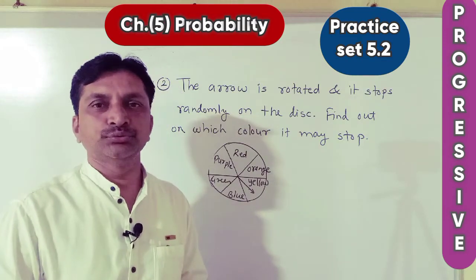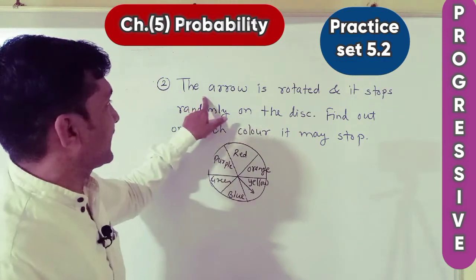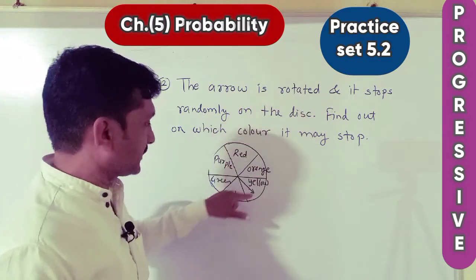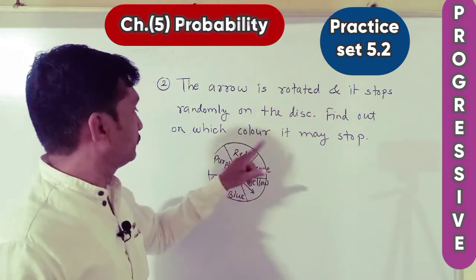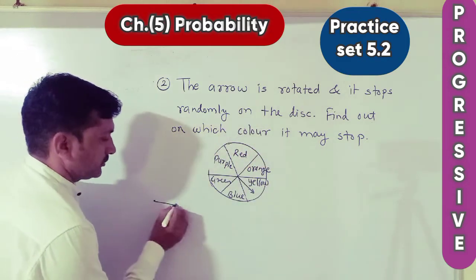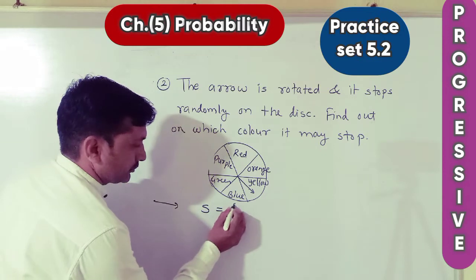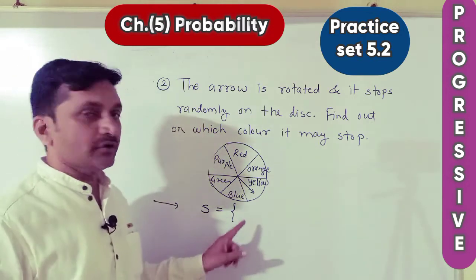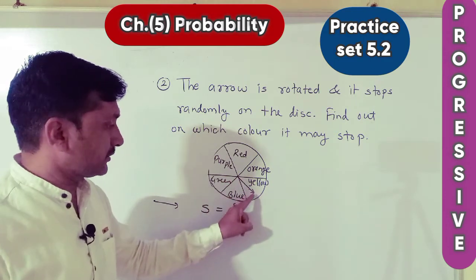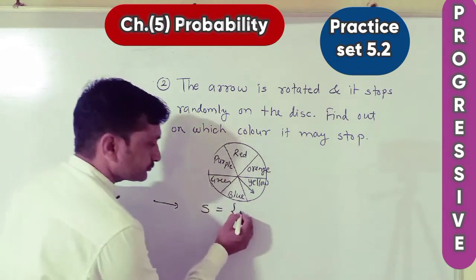Example number 2. The arrow is rotated, here the arrow is shown, and it stops randomly on the disc. Find out on which color it may stop. Now S is equal to, in curly bracket, we have to write elements. First the arrow is at yellow.